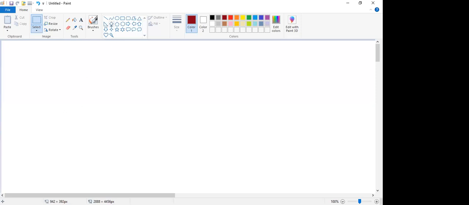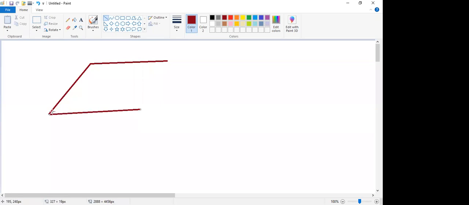Okay, suppose I have a parallelogram. This side here is parallel to the side here, and equally these ones are parallel.